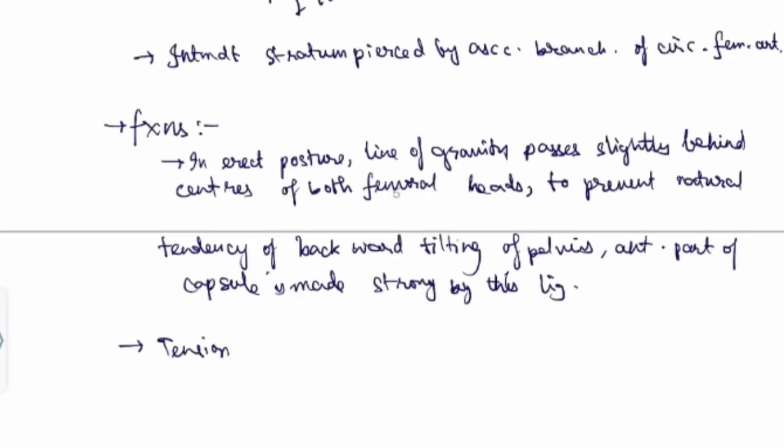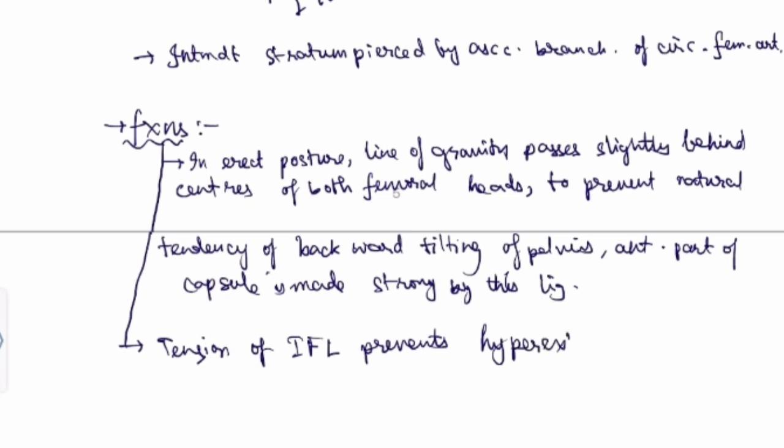Tension of the iliofemoral ligament prevents hyperextension of the hip joint.